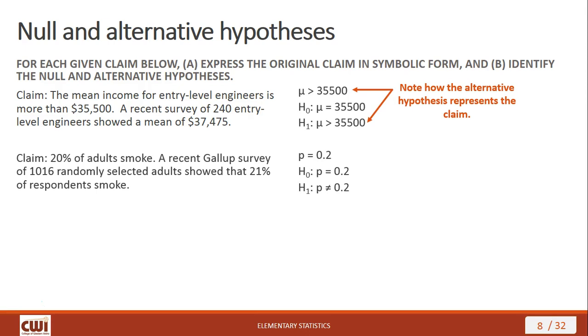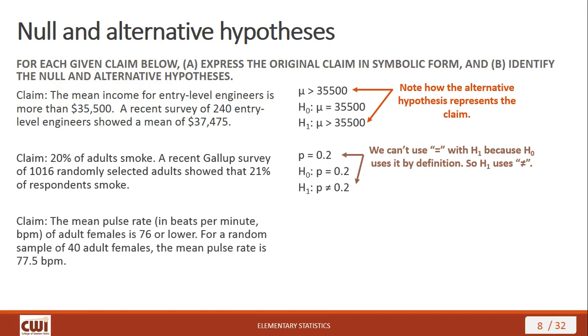Notice the value that's claimed is the same value all throughout, the 0.2. The only thing that's different is the actual inequality sign that we use for our alternative hypothesis. Again, we can't use equals with H1 because H0 uses it by definition. So we have to take the complement of equals to provide the alternative, and that's where we get the not equal from.